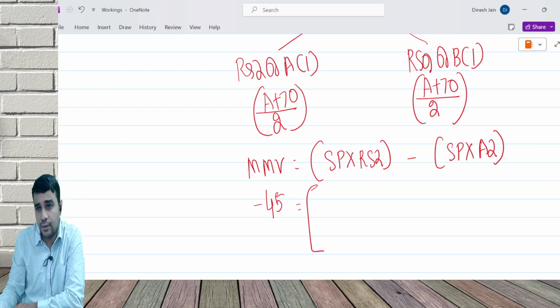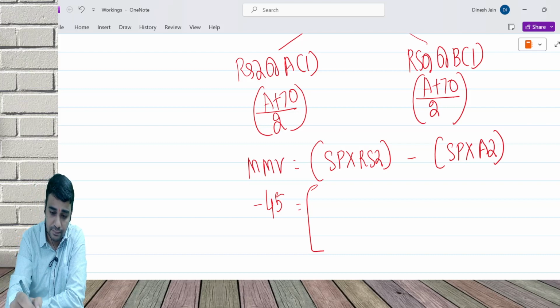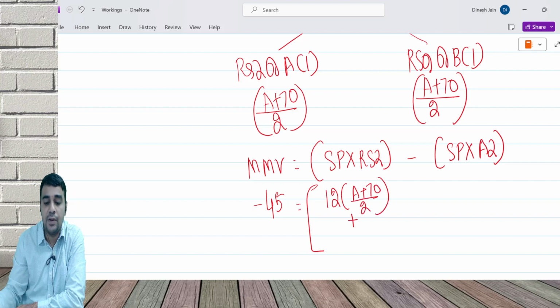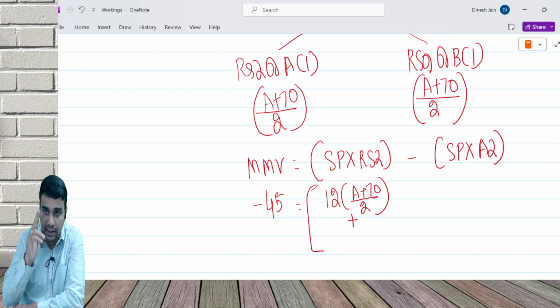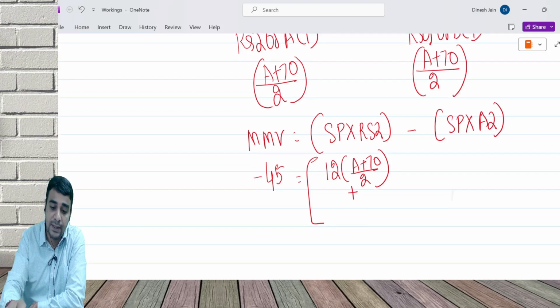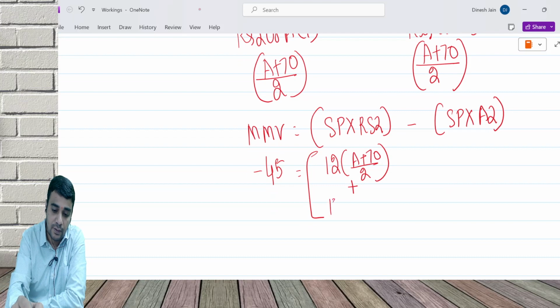Minus 45 equal to, what is the standard price of A? 12 into A plus 70 by 2 plus 12 into A plus 70 by 2. This is for two materials put together. They have clearly mentioned material mix variance is for both the items put together. What is the standard price of B? 15 into A plus 70 by 2.